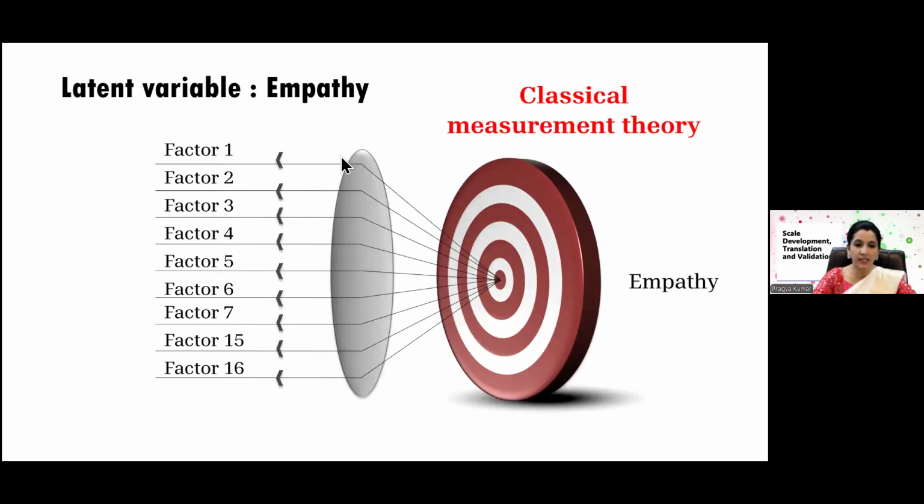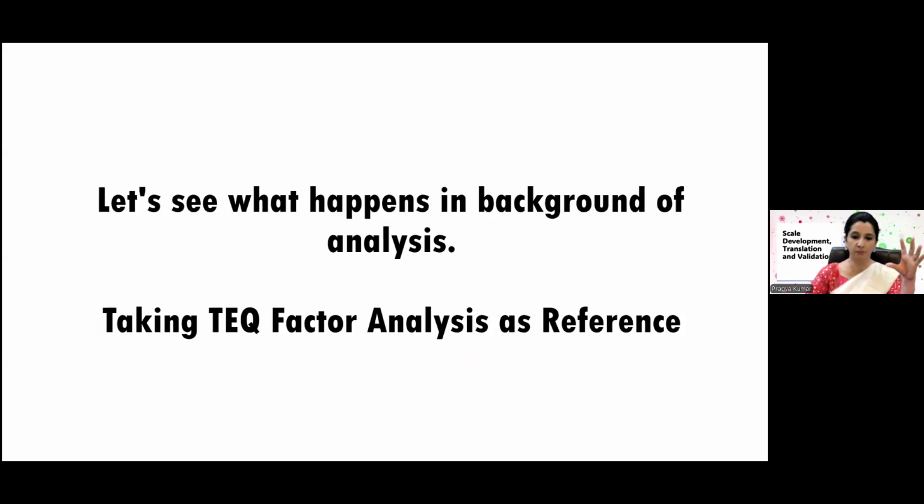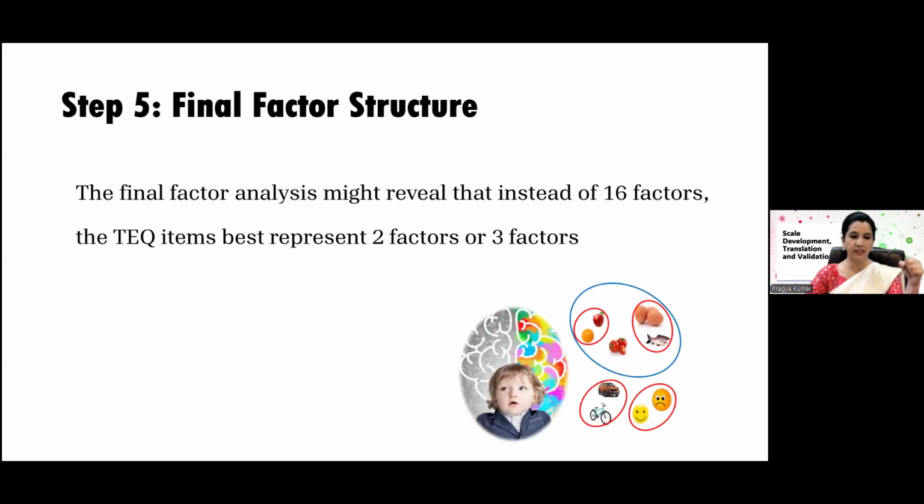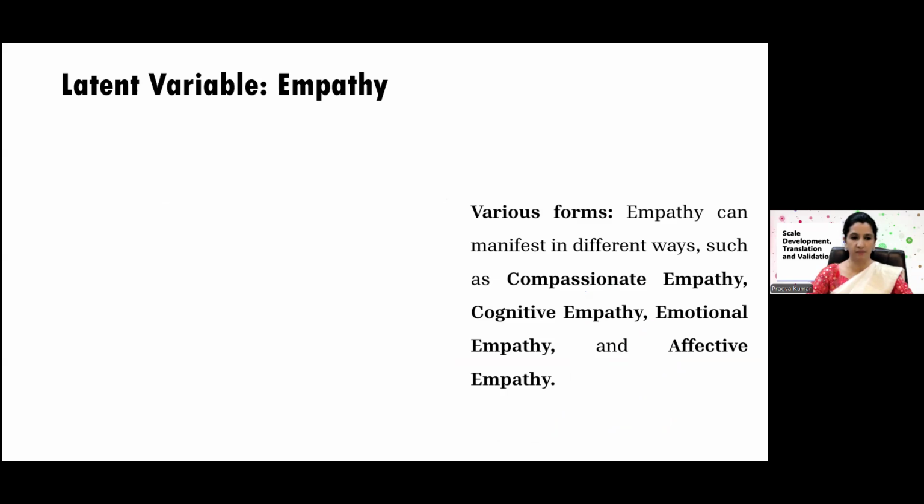So here it is actually these factor which you can see here, they are items, 16 items, but we consider under classical measurement theory that each item is measuring the one underlying factor of that broad construct of empathy. So if we are done till that, it will give you a final structure which will reveal that instead of 16 factors, it might represent with 2 or 3 factors.